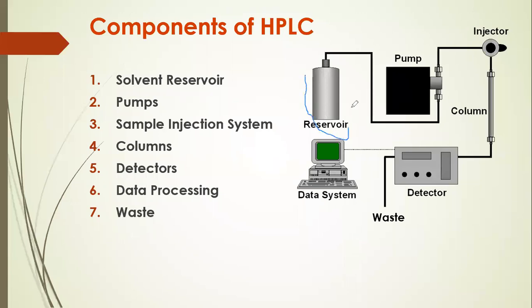This is the solvent reservoir, where we keep the mobile phase, and after the solvent reservoir there is a pump which pumps the mobile phase into the column, and with the help of the sample injector, we inject our sample, and both mobile phase and sample pass through the column.